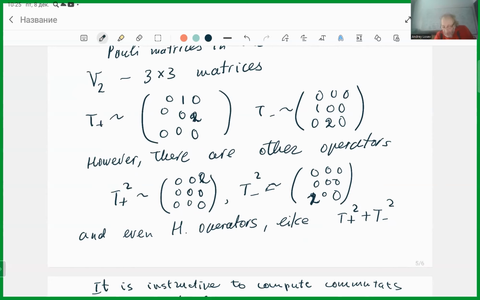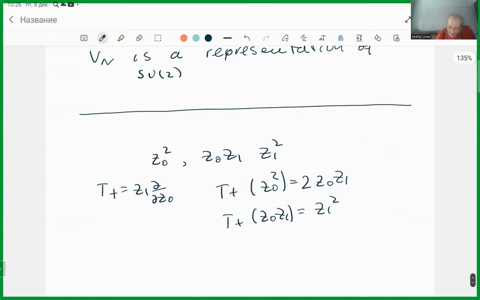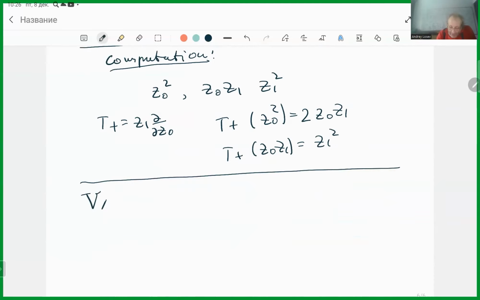I wanted to show that T plus square and T minus square are different from T plus T minuses. So they have matrix elements far away from the diagonal. Okay, so after all, you made this computation. Now, once again, Vn is a representation of SU2.